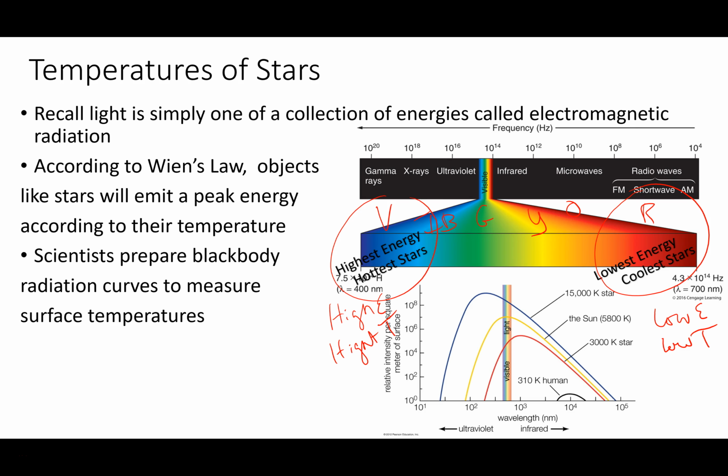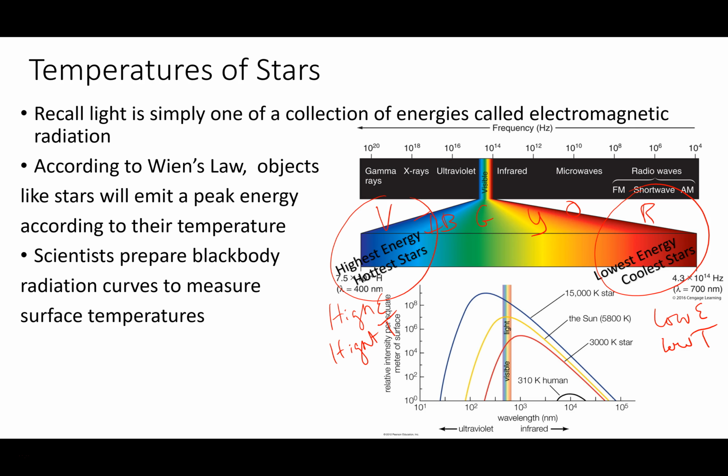A human person who runs about 310 Kelvin will have this sort of distribution as they glow. Notice that we're not glowing any visible light, we're reflecting visible light, but what we're glowing is going to be here in the infrared region.